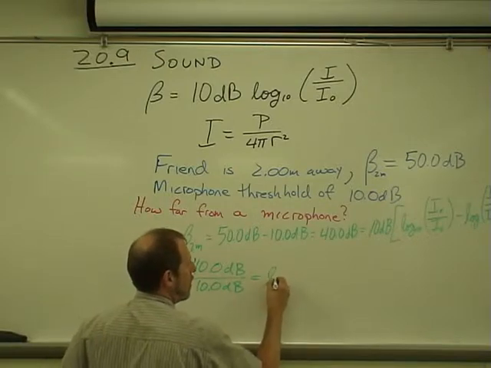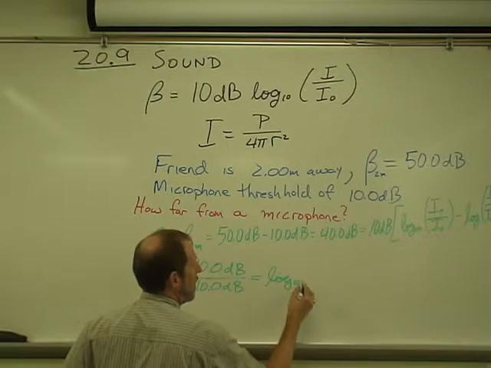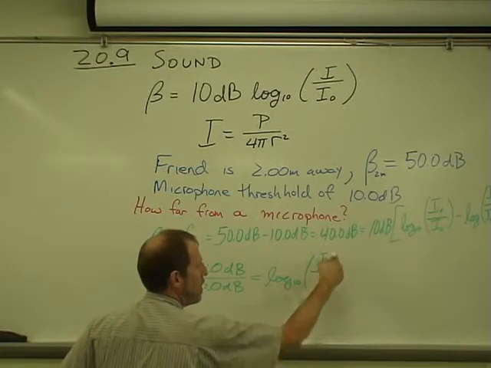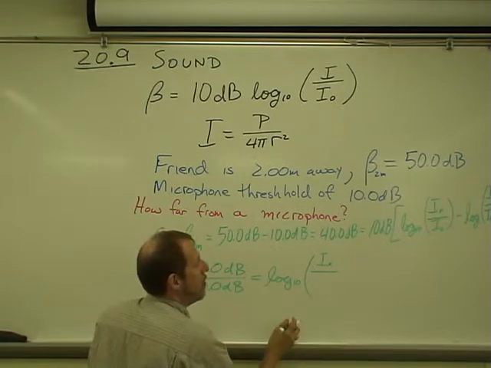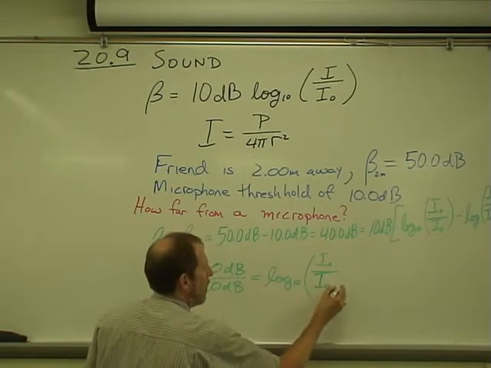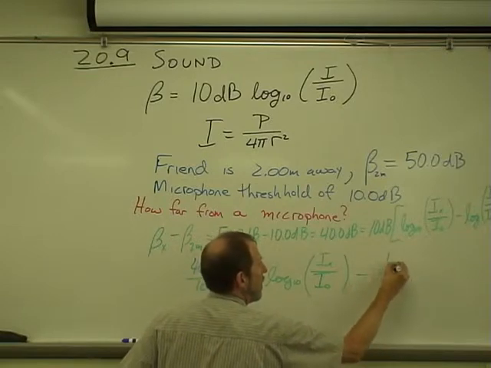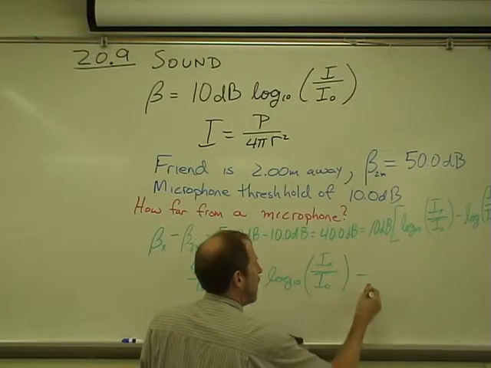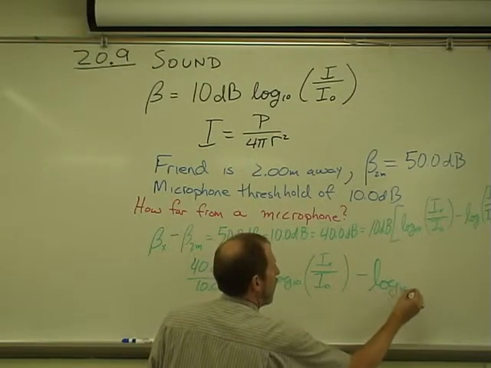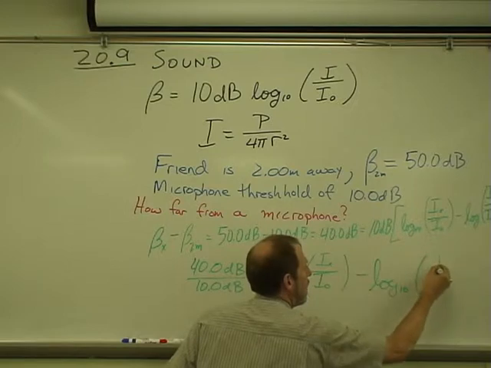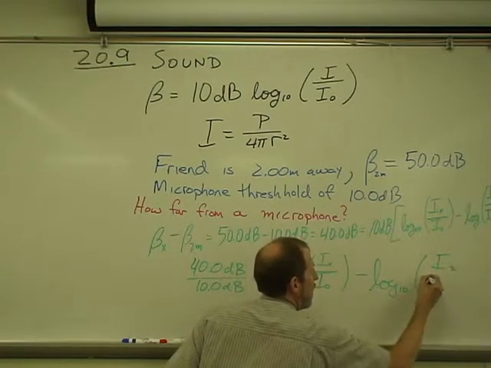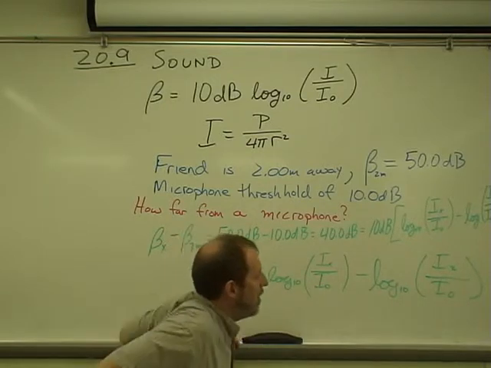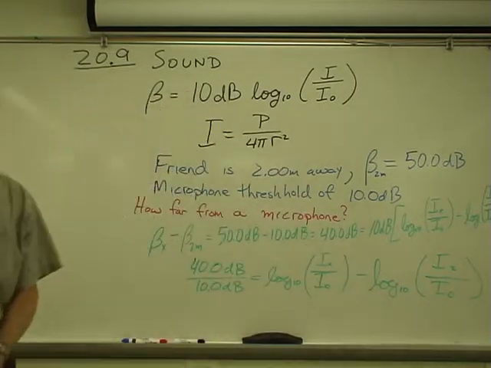That's equal to the log base 10 of the intensity of that sound at the microphone divided by that reference level, minus the log base 10 of the intensity at 2 meters divided by this.